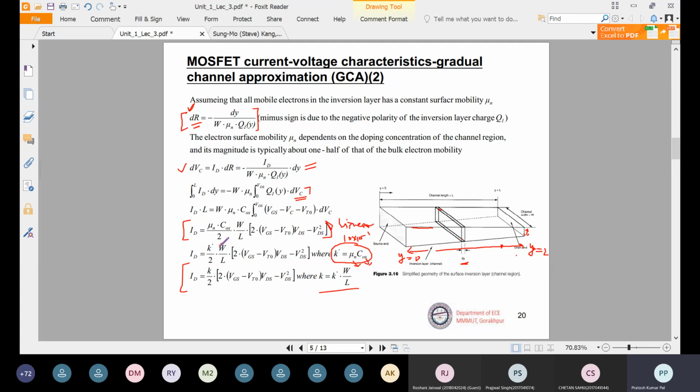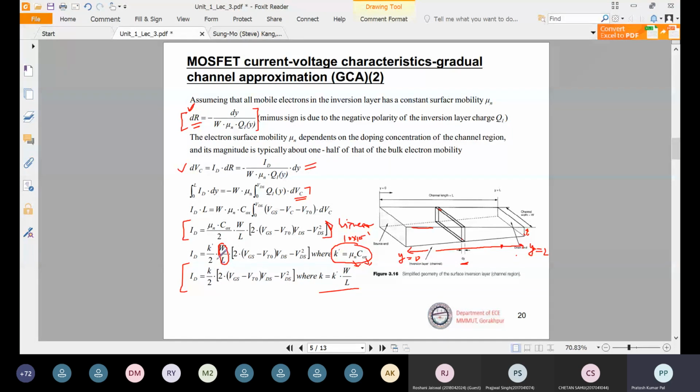To remove this W by L, we also define another parameter that will be K only, which can be written as Kn and Kp. If it is for NMOS, it will be written as Kn dash, and if it is for PMOS, it will be written as Kp dash. If both NMOS and PMOS are being used, then we need to specify whether it is the NMOSFET or the PMOSFET.